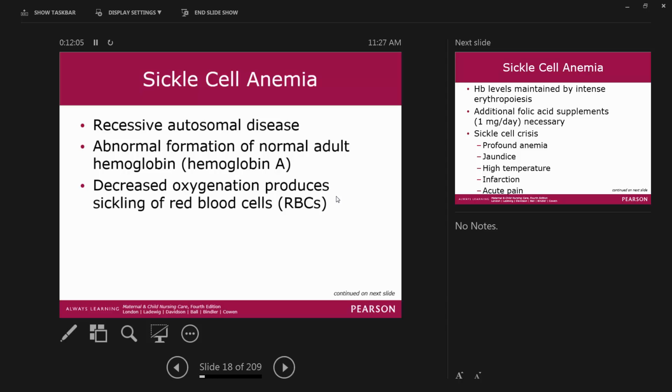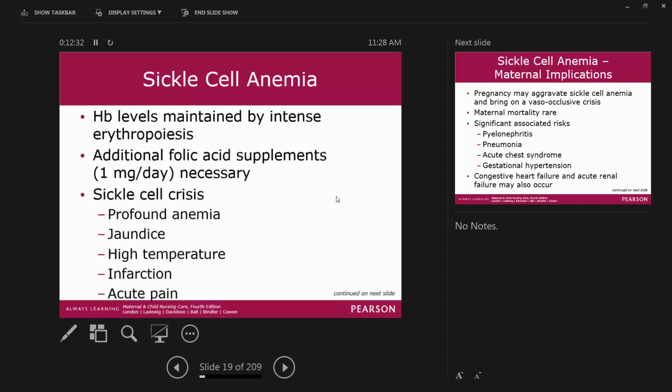Now, you guys know about sickle cell anemia. Have you covered that? Sort of. Sickle cell anemia creates a problem for both mom and baby. Mom could go into a sickle cell crisis because the pregnancy puts that much stress on her underlying condition. So these are high-risk pregnancies.